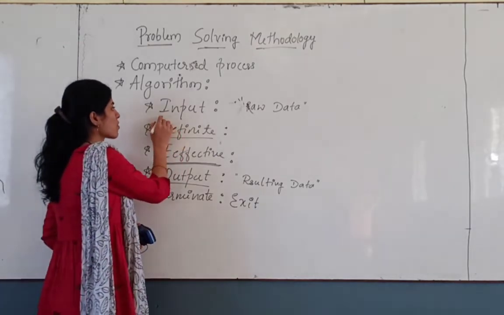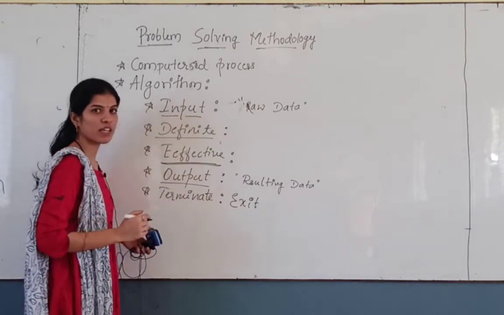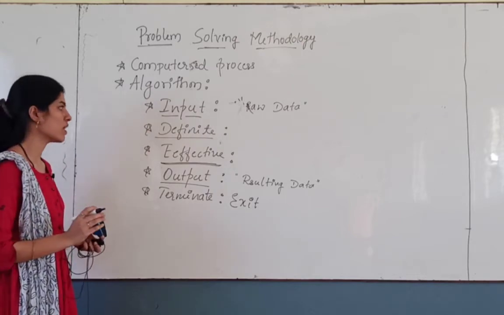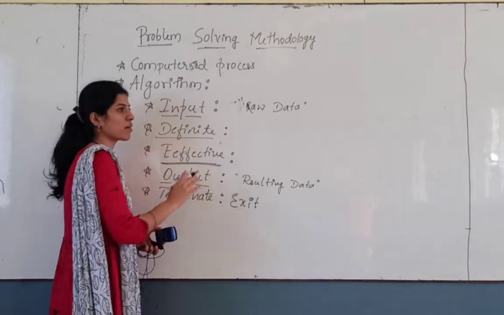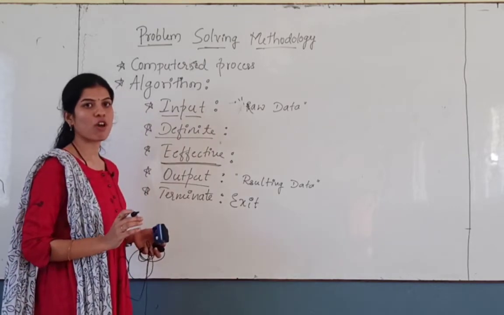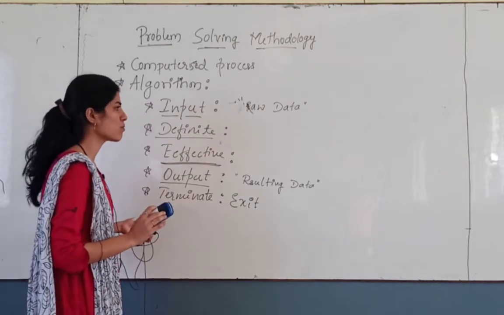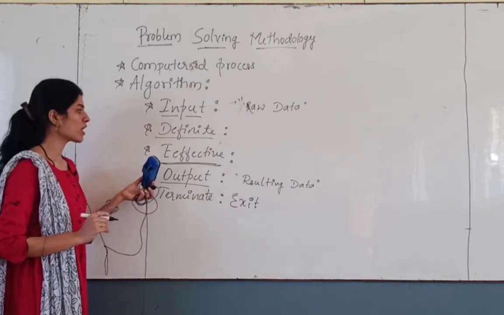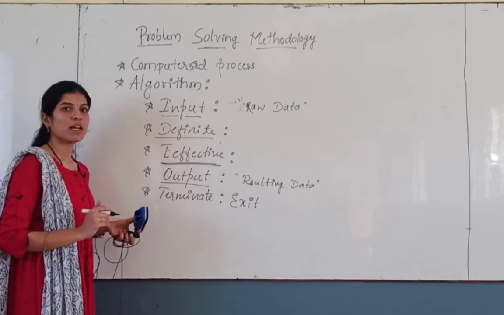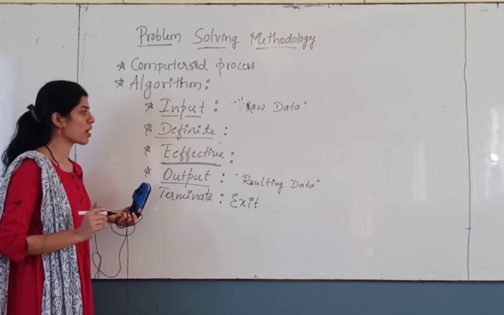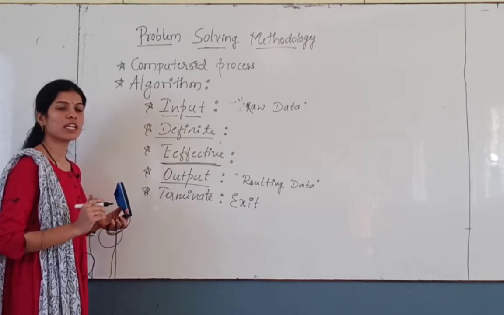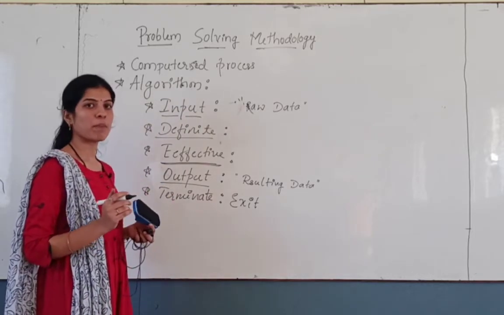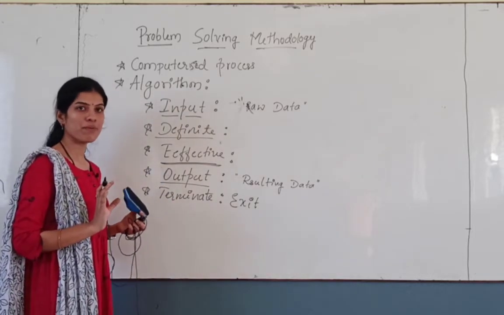Input is the data that should be given to start the problem solving. Second is definite, meaning every operational step of this algorithm should be definite for solving our problem. Third is effective, meaning every step should be carried out using pen or pencil in a minimum number of times.